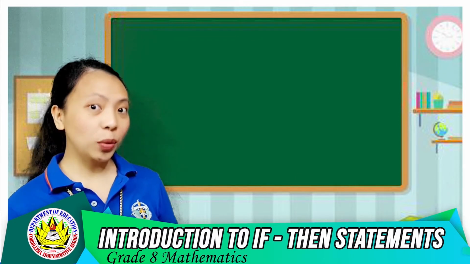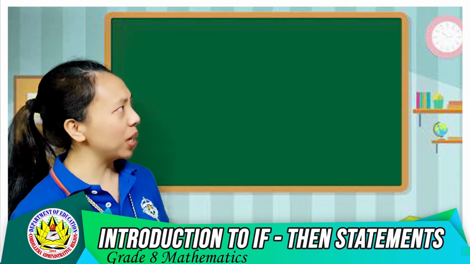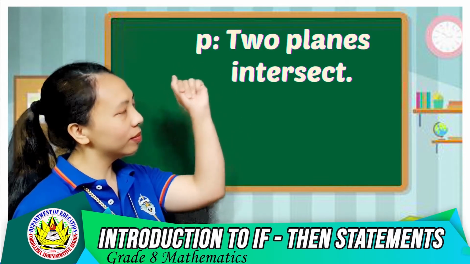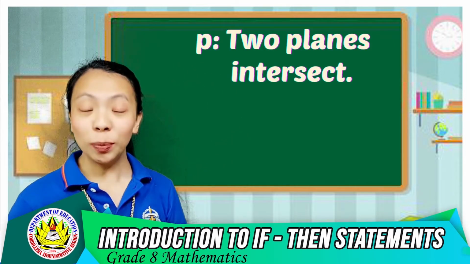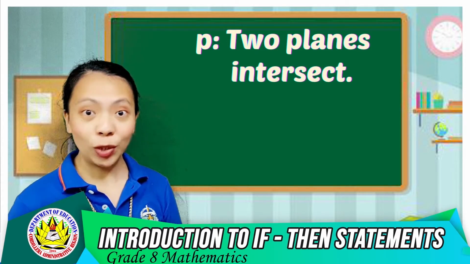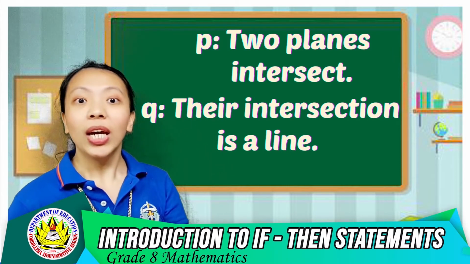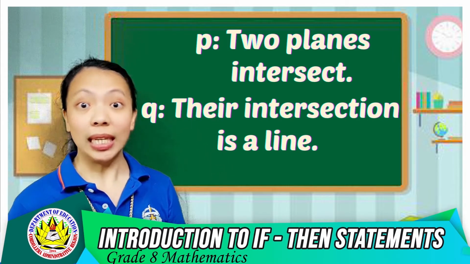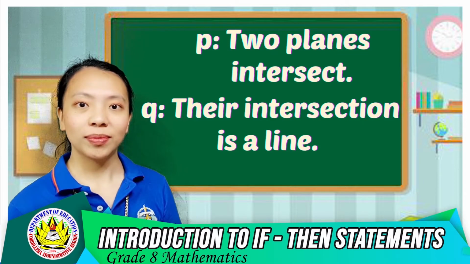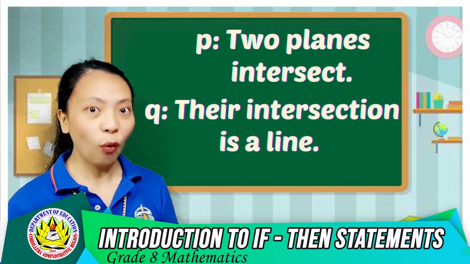Let's proceed to our last example. Let P be two planes intersect. And let Q be their intersection is a line. Transform this into its if-then form.